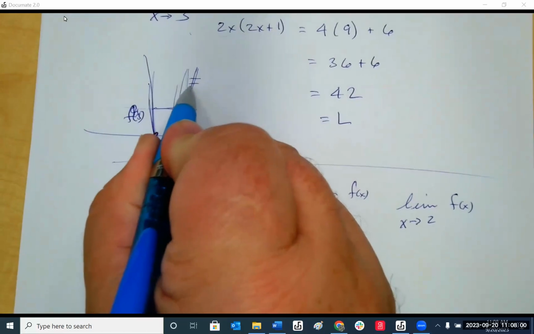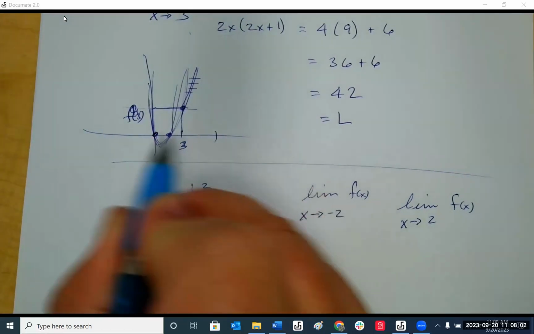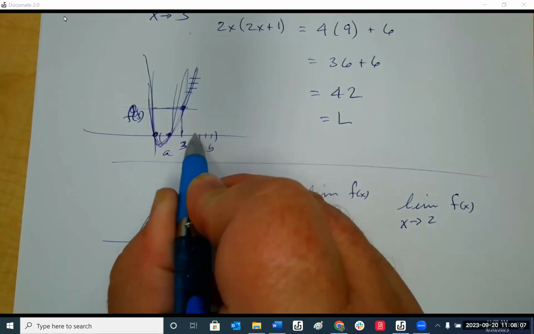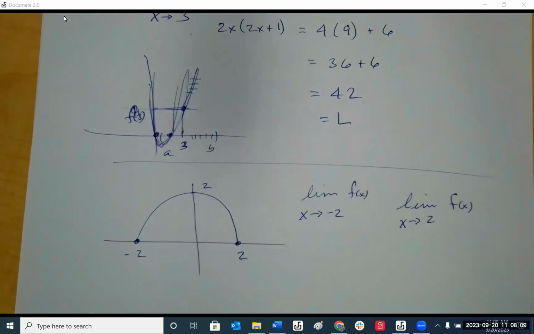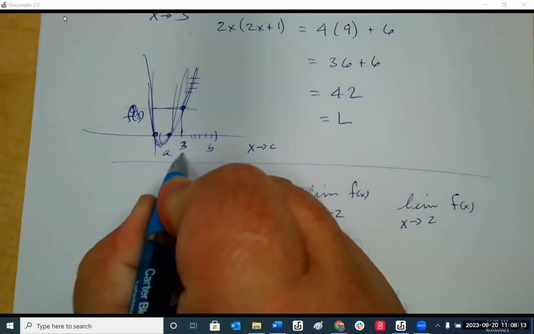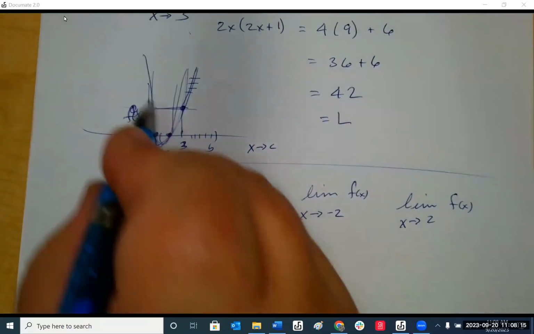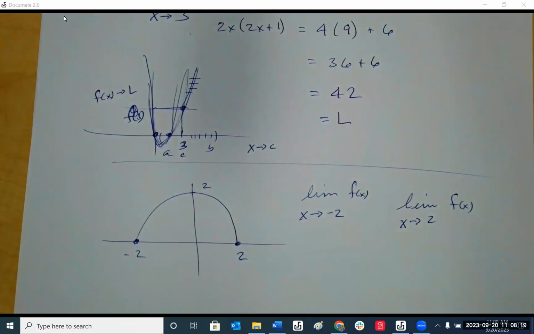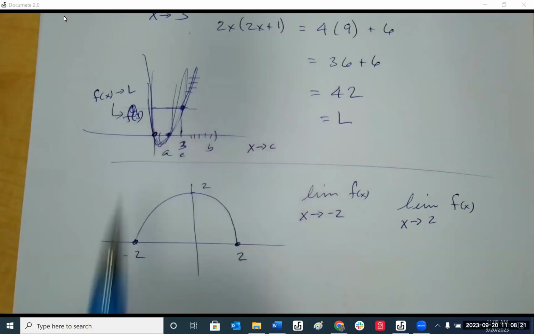In all our examples, we always said in our domain, here's A, here's B. As x gets closer to C, and this is our C value, our f of x approaches L, the limit value. This is that point there.